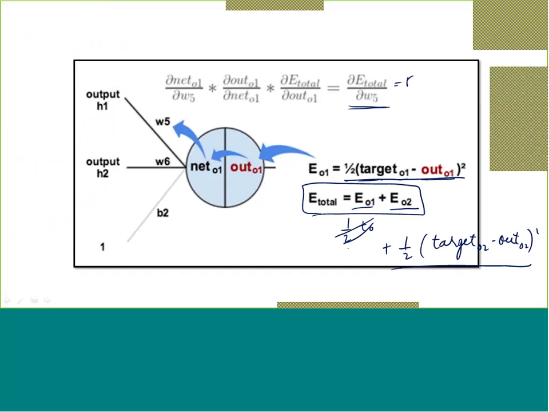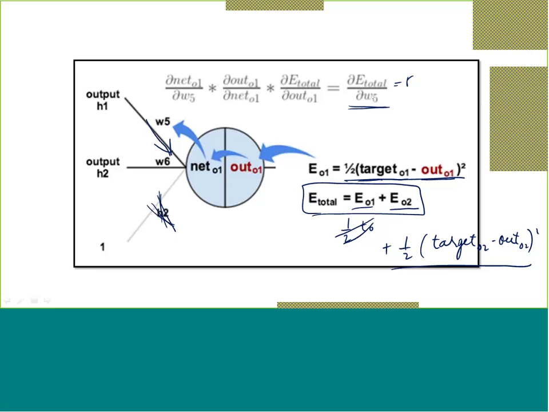I am differentiating my total error with the W5 weight. Ignore B2 for a while. I'm not changing B2 in this case, but it can also be changed. To make it easier to understand, I am only differentiating my error function with the weights W1, W2, W3 up to W8.